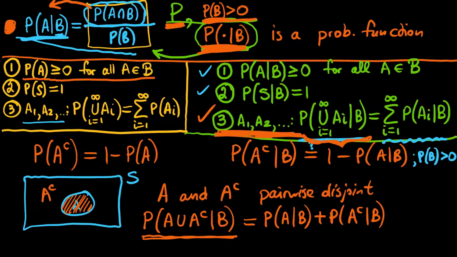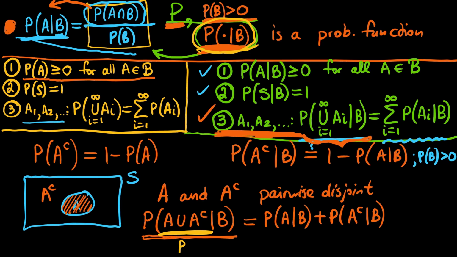Right? So I just applied axiom 3 that pertains to the conditional function, this P conditional on event B. A unioned with the complement of A is just the entire sample space.